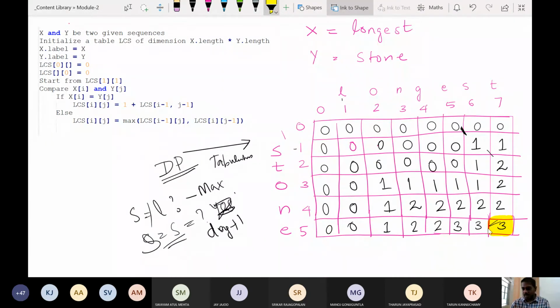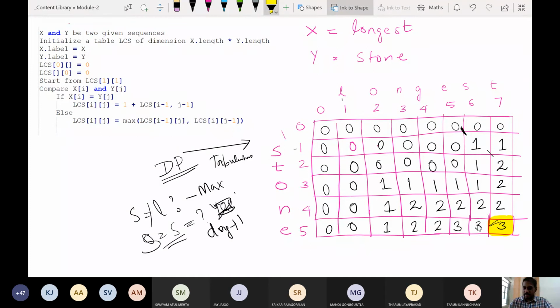To identify the longest common subsequence, what we can do is trace back. This 3 is coming from where? Where did you get this last 3? It is because we took the maximum of these 2 diagonal elements, correct? Yes, sir.